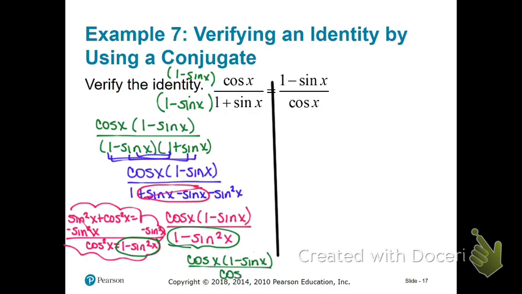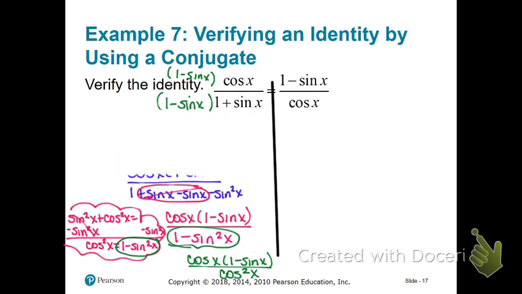And I'm going to switch that 1 minus sine squared to now be cosine squared. Are we done? No, we're not done yet because it doesn't look like the other side, but it's close, right? Oh, yeah. Well, can't you just, like... All right. Yeah, that's it. Yes, that's exactly what we're about to do.